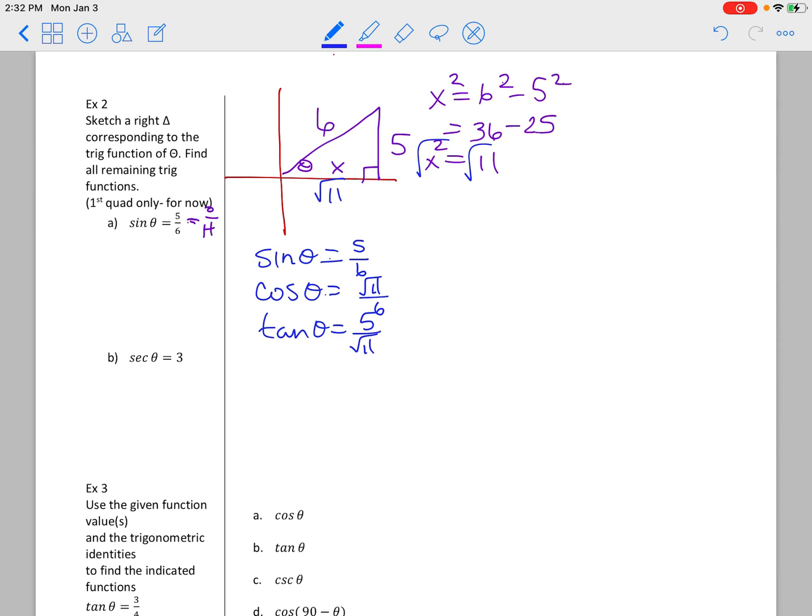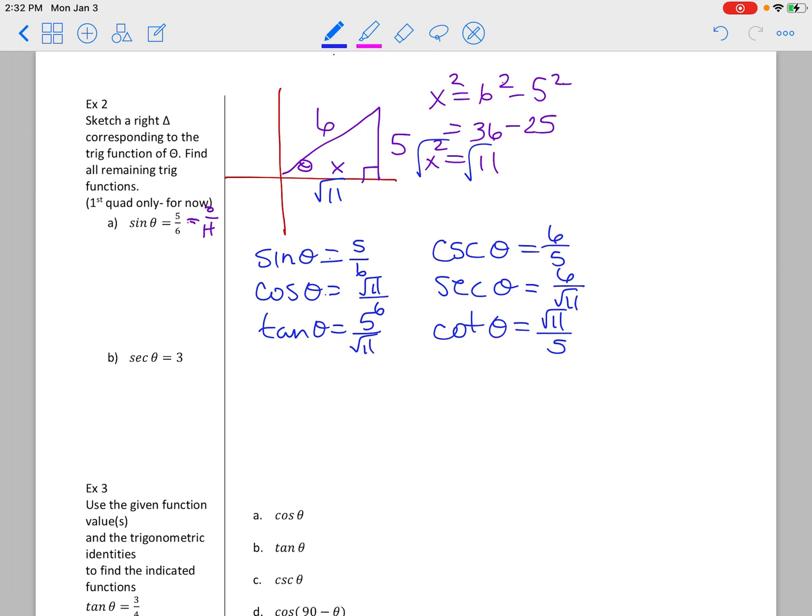Okay. Now doing the reciprocals. Well, the reciprocal of sine is cosecant, and that would be 6 over 5. Reciprocal of cosine is secant, and that's going to be 6 over root 11. And the reciprocal of tangent is cotangent, and that would be root 11 over 5. Okay.